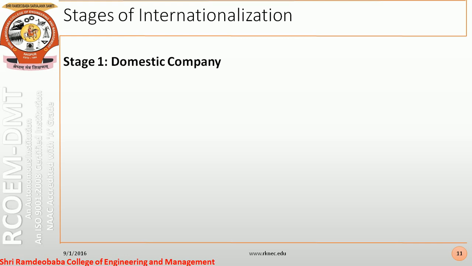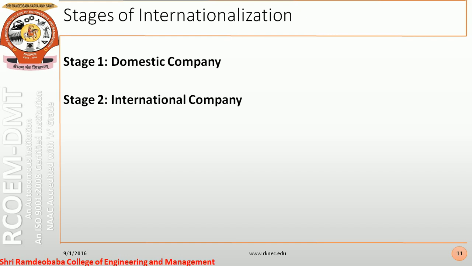Some of these domestic companies grow beyond their domestic market and think of internationalization of their operations. These companies are categorized as international companies, at the later stage, that is stage 2. Now what are international companies? When companies expand their domestic operations to a different region or nation, they are categorized under stage 2.